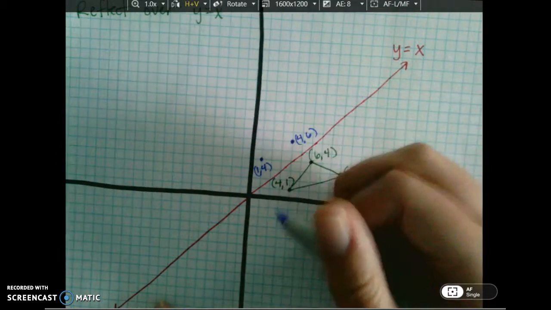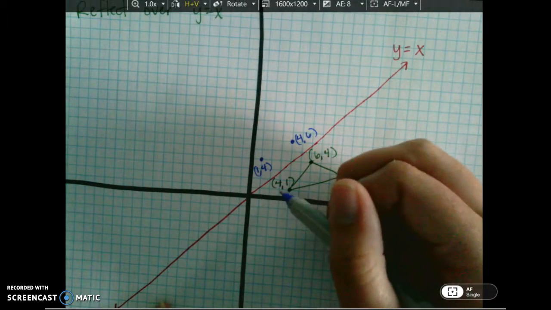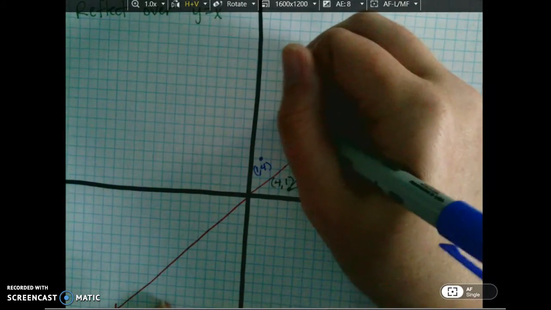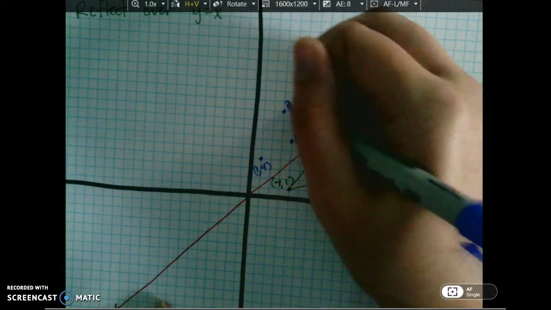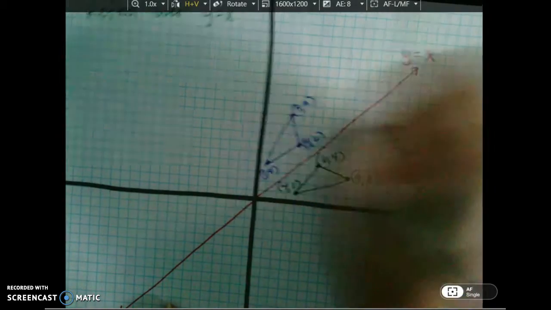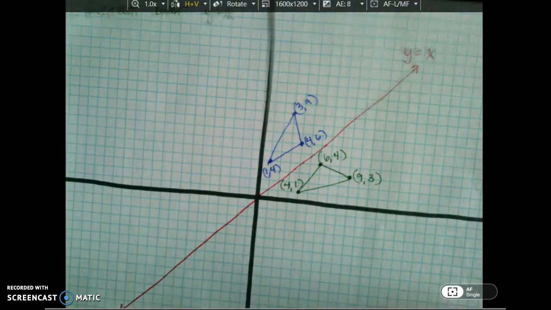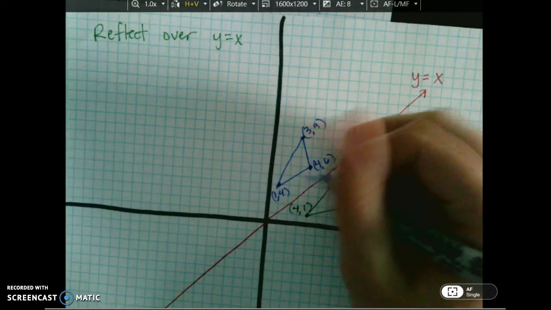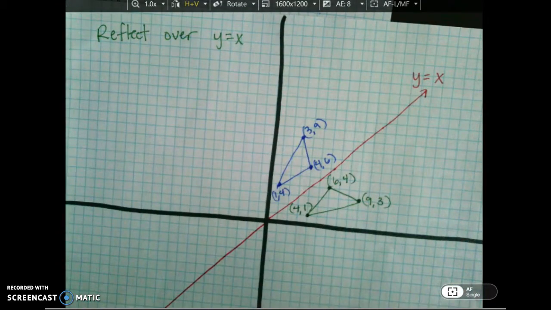When they change places, I'll be at 3, 9. So if you look, my triangle has now reflected over the line y equals x. Notice all the points are still the same distance. It's just a mirror reflection.